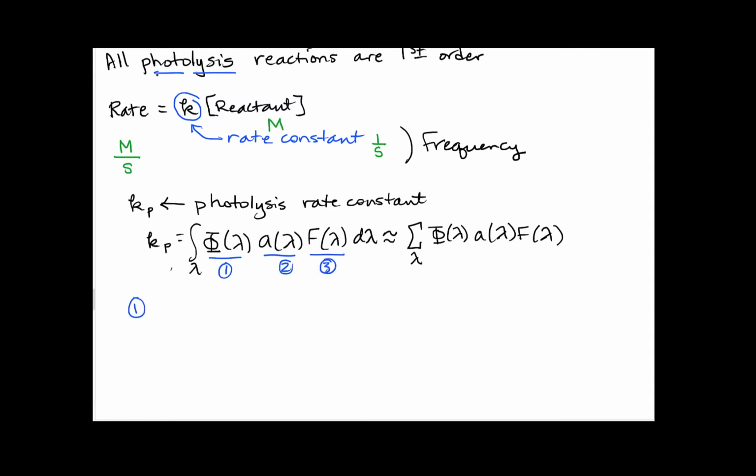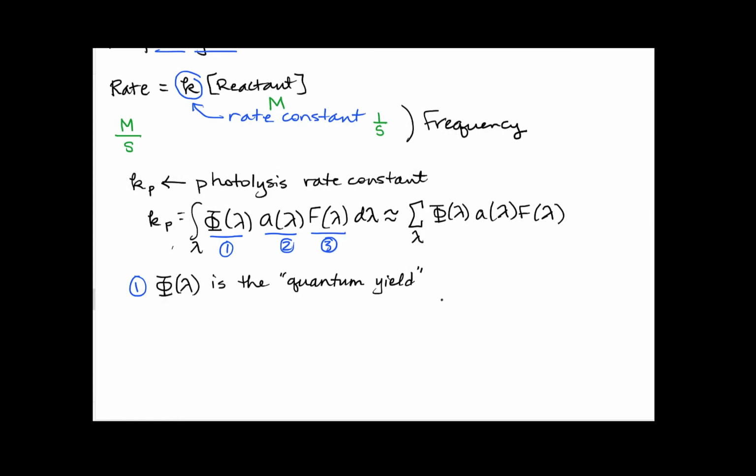So 1, this is the Greek letter phi. You might also hear it phi. So 2 Greek letters, phi and lambda. This is the quantum yield. It's a fancy name. The quantum yield is a fancy name for just saying if a photon hits a molecule, how many times does that actually cause a reaction?